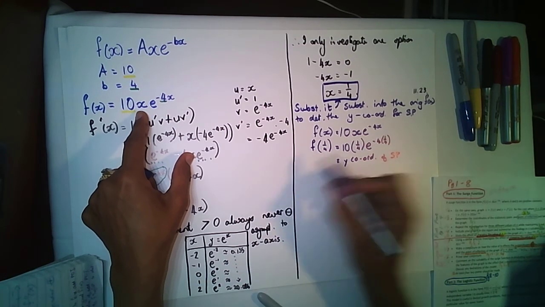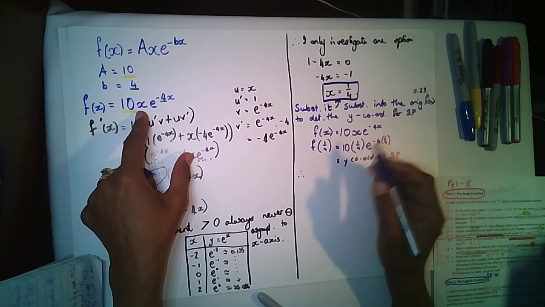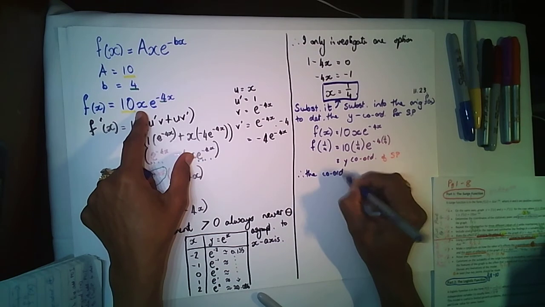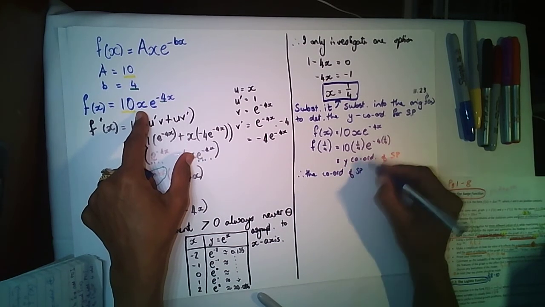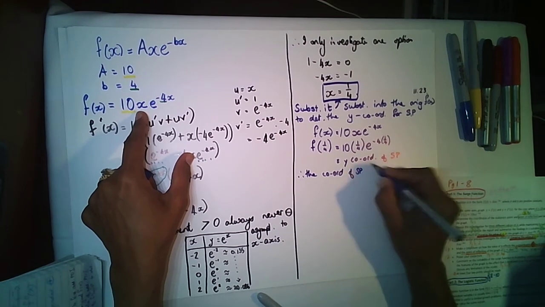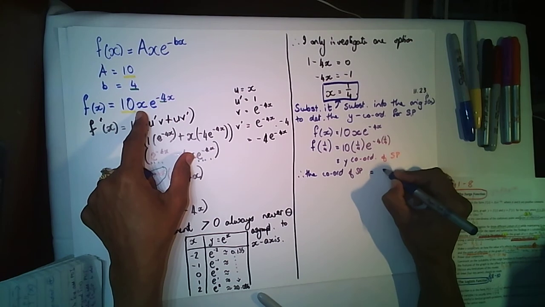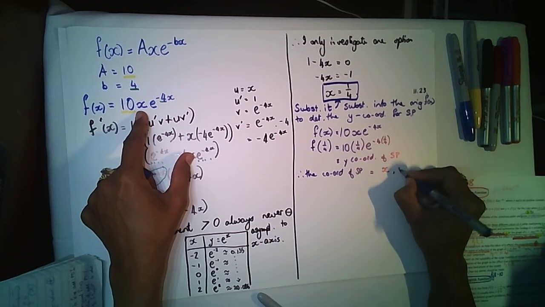So your stationary point, and you'd need to be very clear about this in your investigation, therefore the coordinates, because that's the question that was asked, of the stationary point for this function is equal to, and you'll have a value here which is an x value, which we've determined to be a quarter, and a y value.